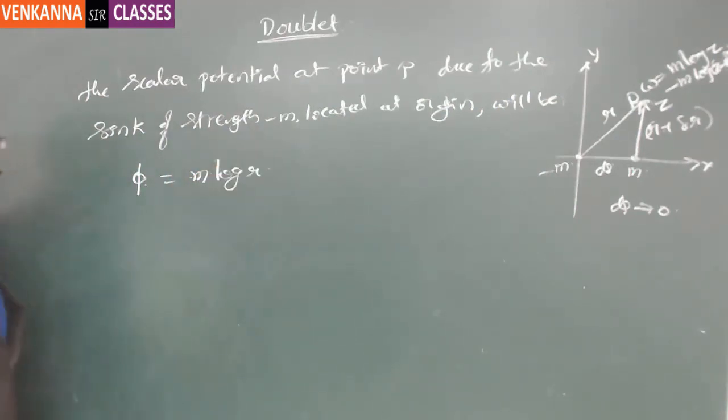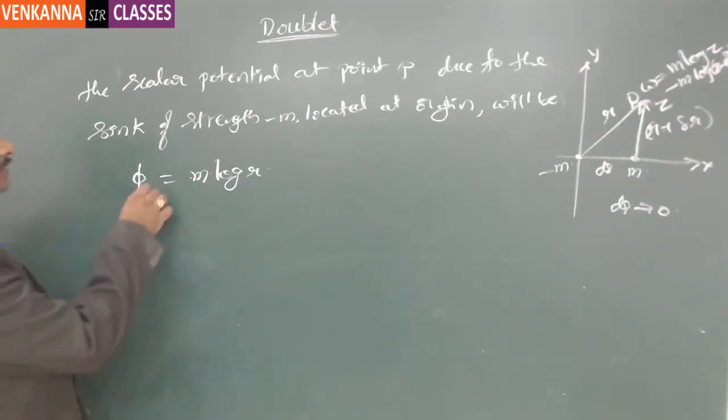Is this the one? Can you cross check it? Yesterday I derived it. Yeah, this is the correct one, m log r.